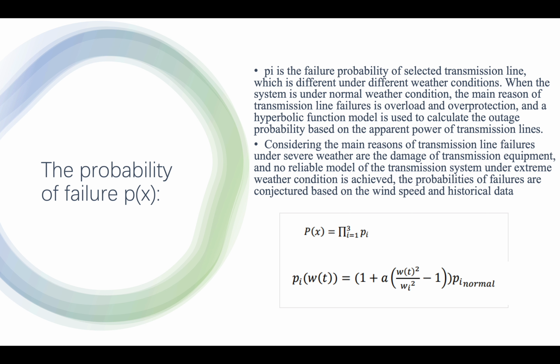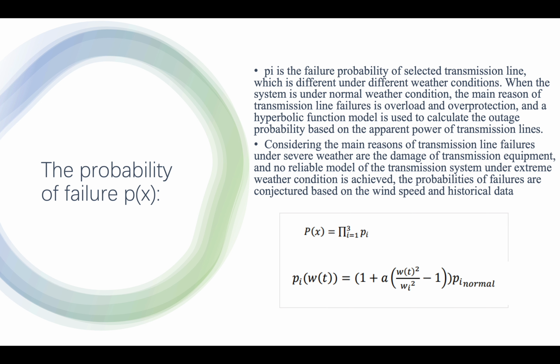We can see in the first function that Pi is the failure probability of the selected transmission line, which is different under different weather conditions. When the system is under normal weather conditions, the main reason for transmission line failure is overload or overprotection, and a hyperbolic function model is used to calculate the outage probability based on the apparent power of the transmission line.